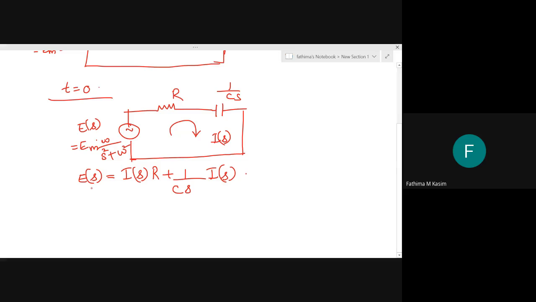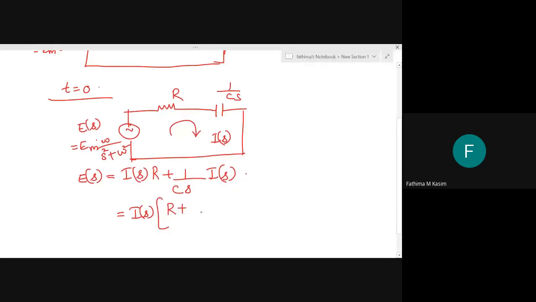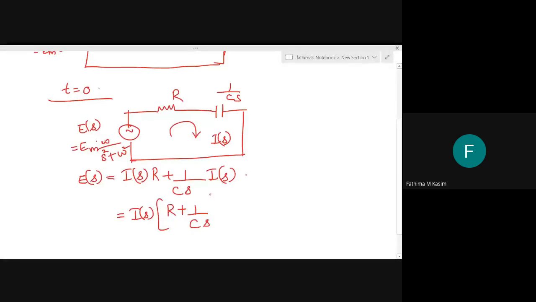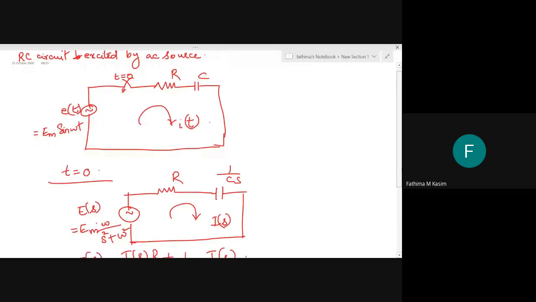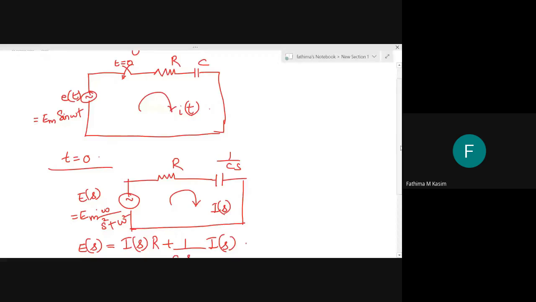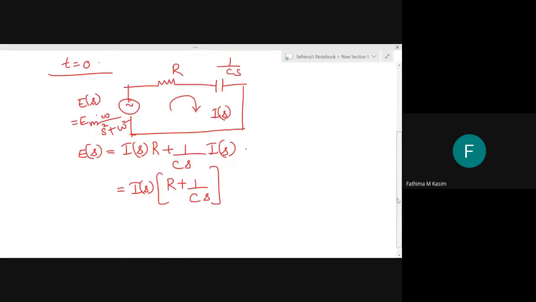So E of s is equal to I of s into R plus 1 by Cs into I of s. So this can be written as E of s is equal to I of s into R plus 1 by Cs.